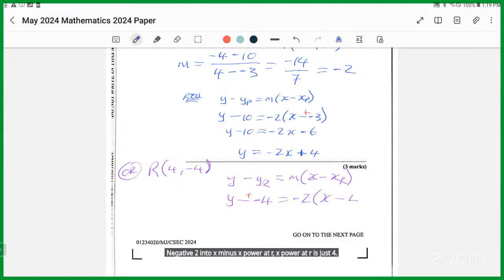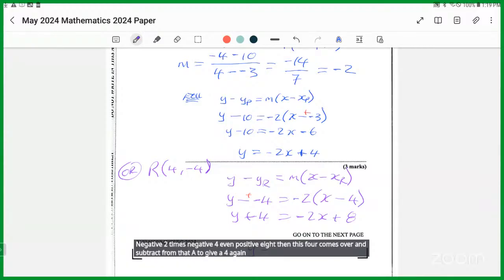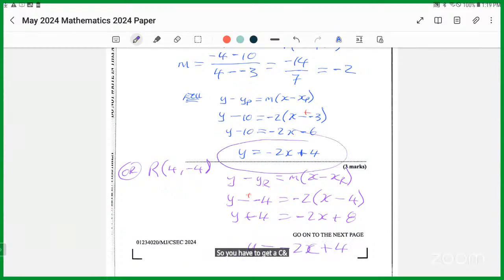Then it becomes y plus 4 equals -2 times x, which is -2x. -2 times -4 gives me +8. Then this 4 comes over and subtracts from that 8 to give me 4 again. So it will be y equals -2x plus 4. So you get the same thing with the other point.